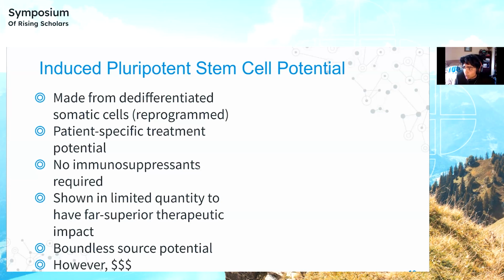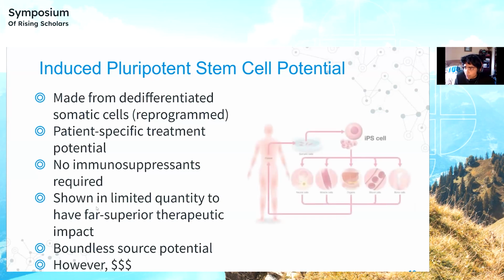But the biggest issue with these cells is that they are very pricey, as the reprogramming of these cells is a very complex process that requires much, much time. And it's something out of the budget of over 99% of Americans today. However, the biggest positive sign with these cells is that we look at the induced pluripotent stem cell as a boundless source potential, as we can use essentially any cell from our body.